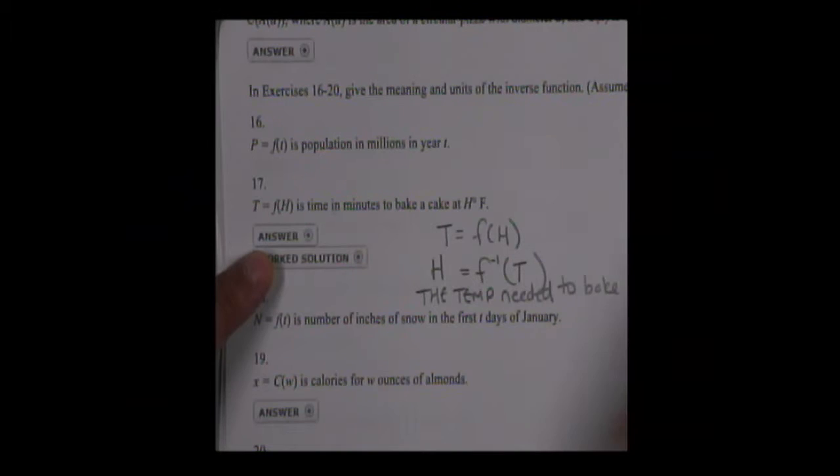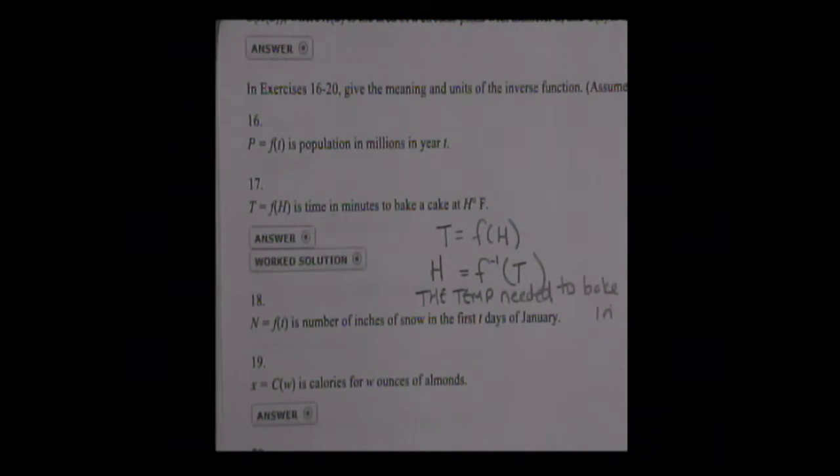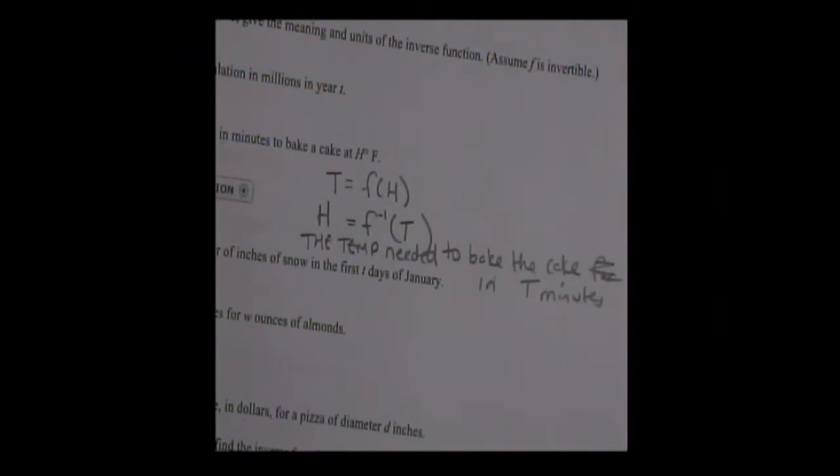I won't say for, but I'll say in t minutes. I suppose we could bake a cake for as many minutes as we wanted to, but this would be the appropriate temperature to bake the cake. So if we wanted the cake to be done in 30 minutes, the inverse is saying that to bake the cake in 30 minutes, the temperature I need is blah, blah, blah.